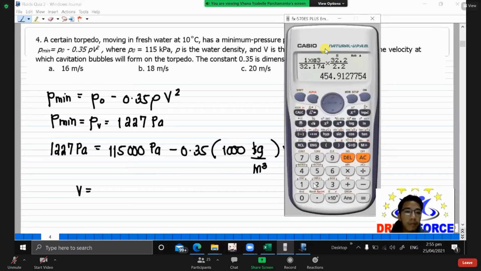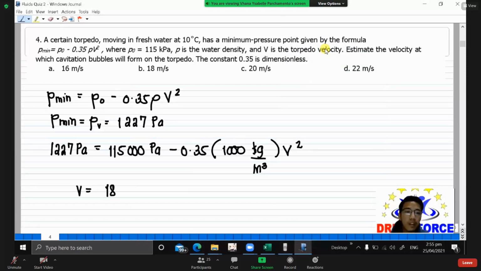Okay, let's try. You have 1,227. Ito, constant po ito. Pag Pmin equals PV, yung minimum pressure equals your vapor pressure. Okay, that is equal to minus 115,000, divided by negative 0.35 divided by 1,000, then take the square root.